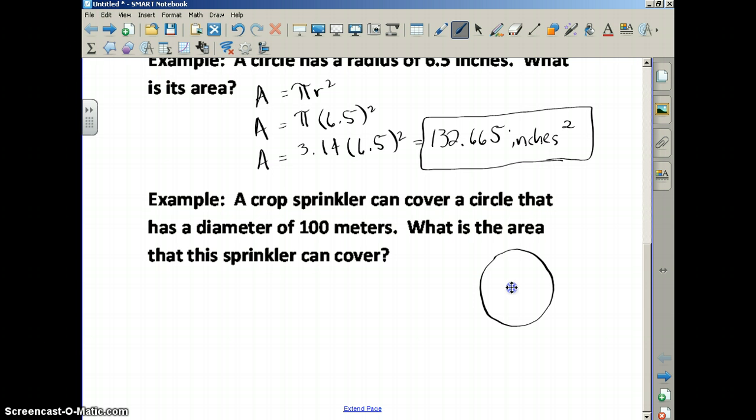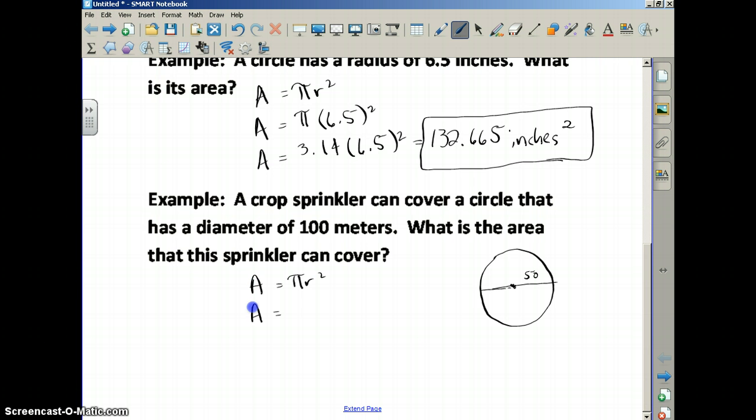A diameter, of course, is twice the radius. So when the diameter is 100, the radius is 50. That's a real important point. So we write down the formula: A is equal to pi r squared.